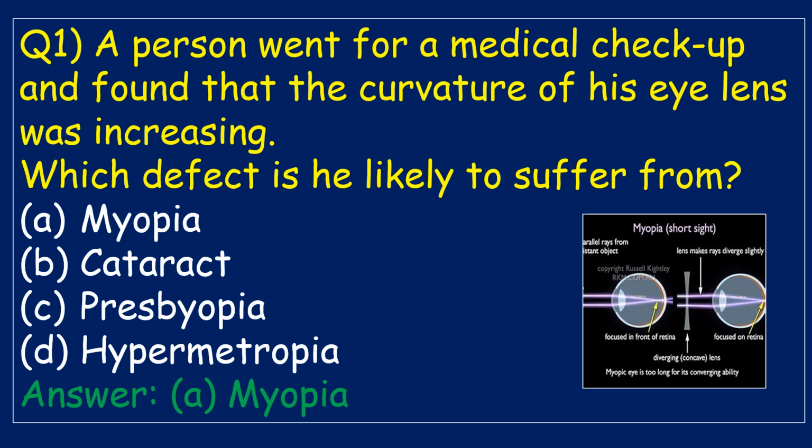To rectify this problem, we have to increase the focal length of that thickened lens. To do so, we use a concave lens or diverging lens. This concave lens increases the focal length to the retina. When the intersection takes place at the retina, the image is formed on the retina.